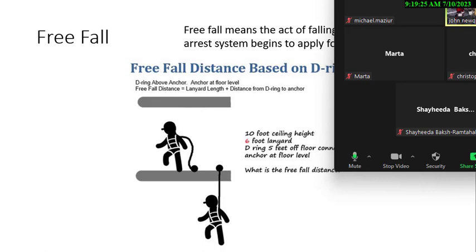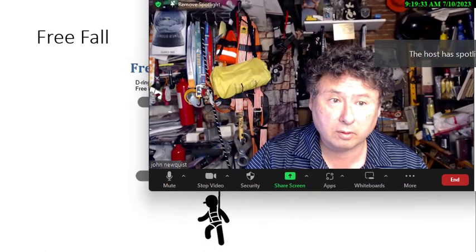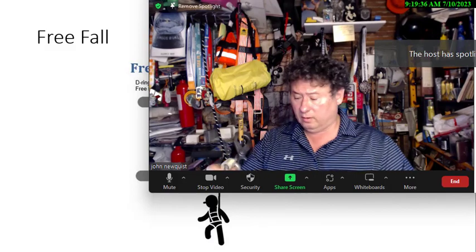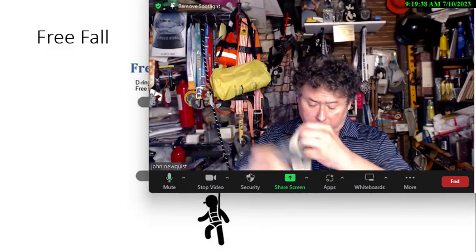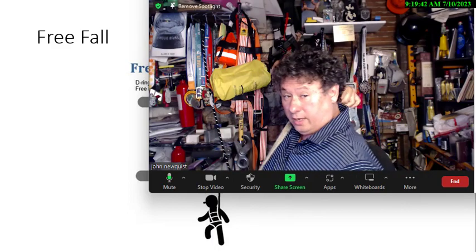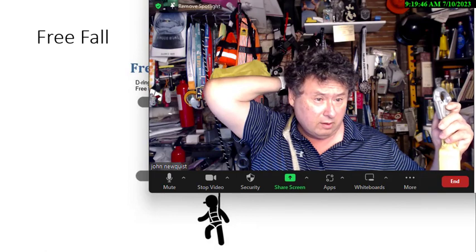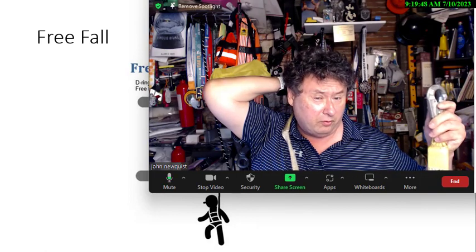So if I've got my lanyard here, and I'm going to make this a spotlight here. If I got a 6-foot lanyard, I'm going to wear this in the middle of my back at my D-ring. And if my anchorage is at the same height, what is my free fall?